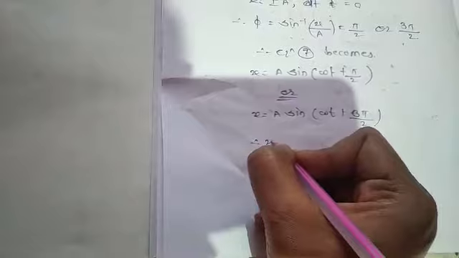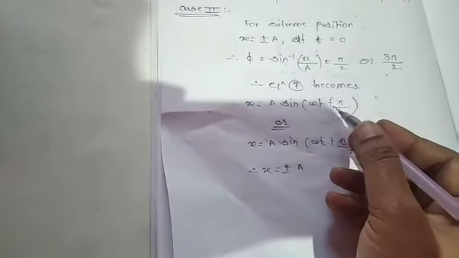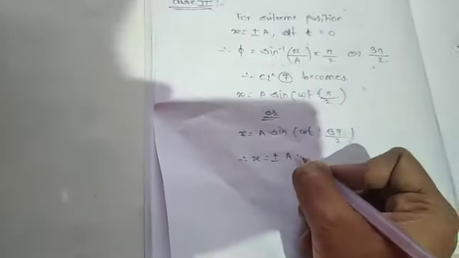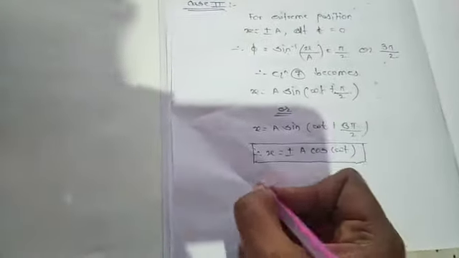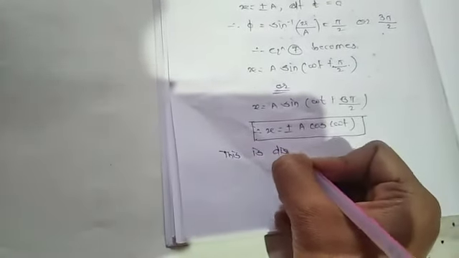Therefore x is equal to plus or minus a sine of omega t plus pi by 2, that is nothing but cos of omega t. So we have the equation for x as x is equal to plus or minus a cos of omega t. This is the displacement of the particle at extreme position.